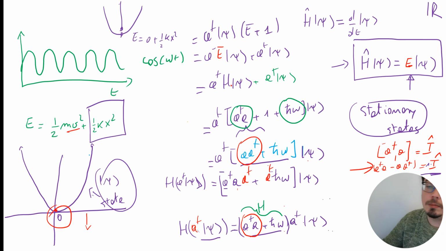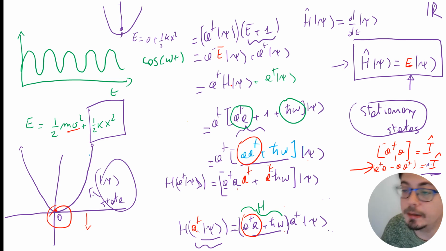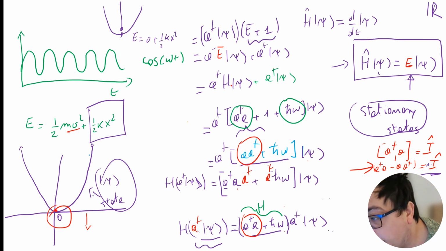Okay, so basically we are adding 1 to the energy, as you can see. Because this is the same vector at the beginning, what happens is that this vector here has an energy plus 1, while the initial vector here had just energy.